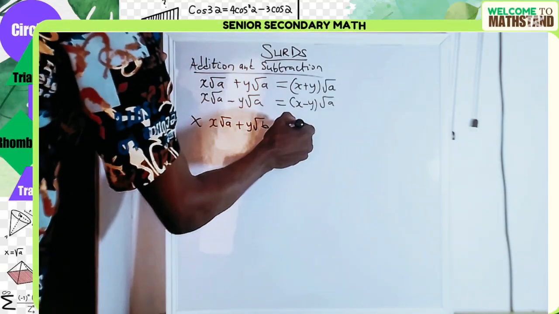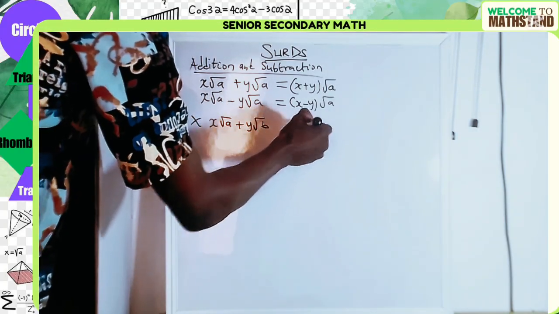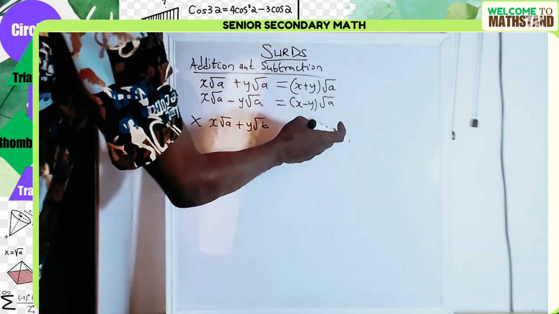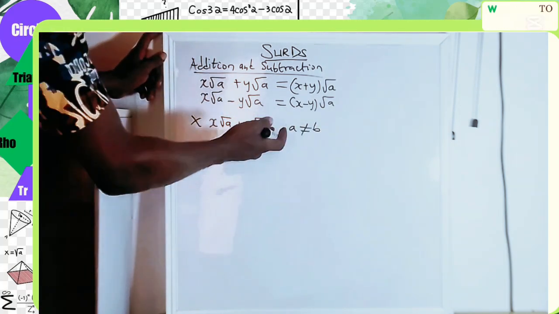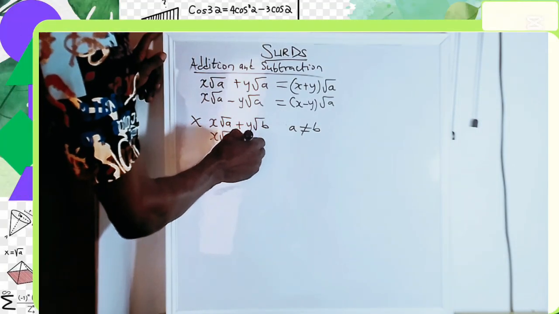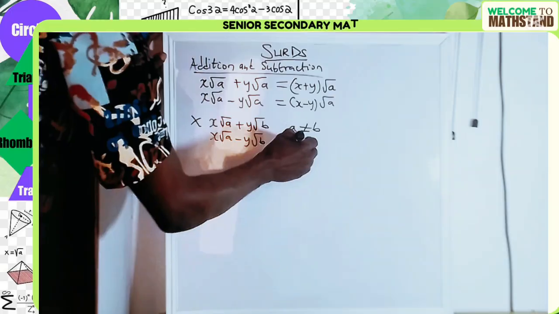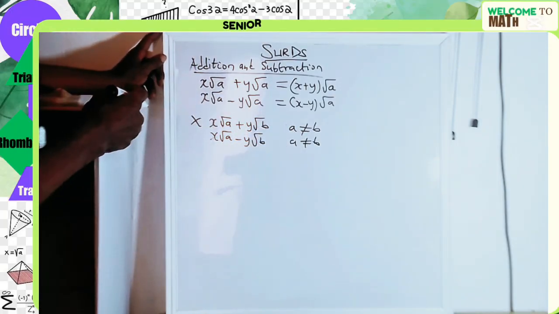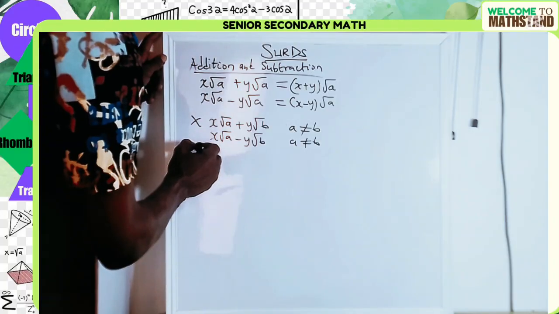Note that a and b are not the same, a is not equal to b, so this cannot be added. Same thing for subtraction: a and b are not the same, so they cannot be subtracted.